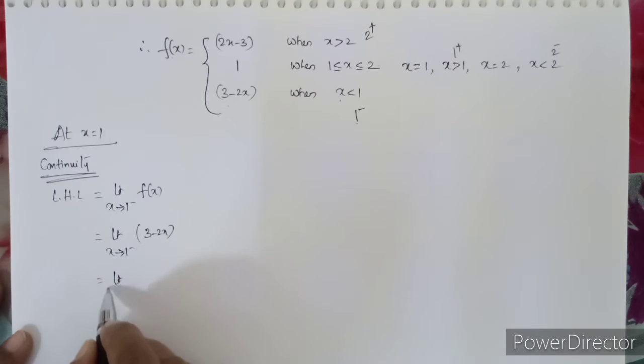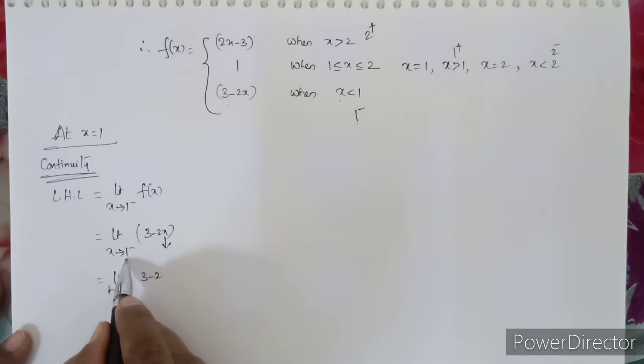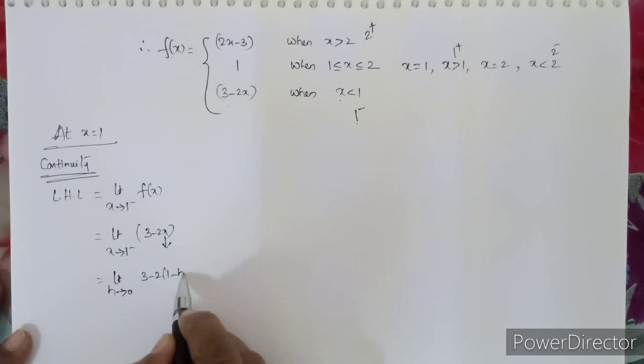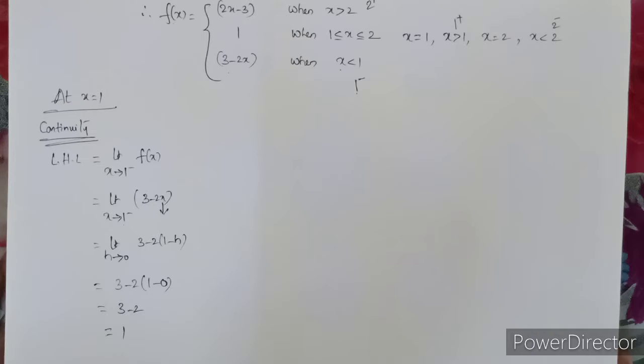We convert into h. Limit h tends to 0, 3 minus 2 into, we replace x by 1 minus h. Put h equal to 0. 3 minus 2 into 1 minus 0. That means 3 minus 2, 1. So we got left-handed limit 1.